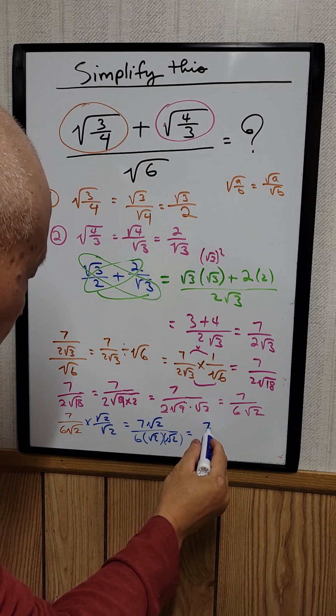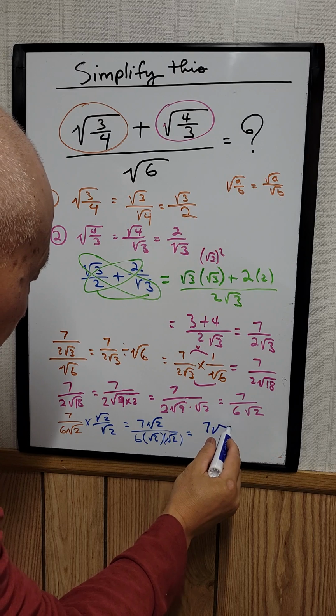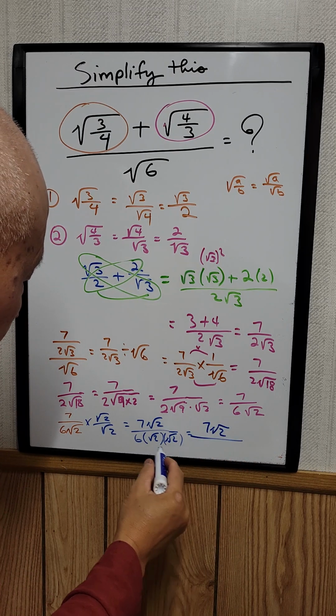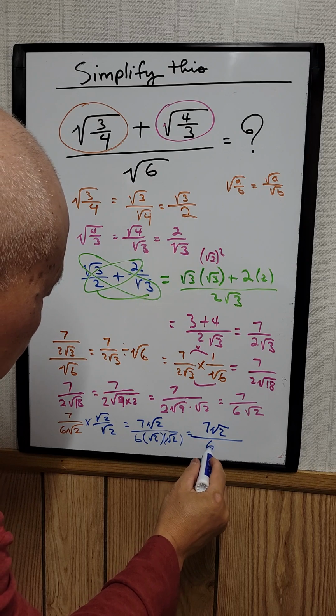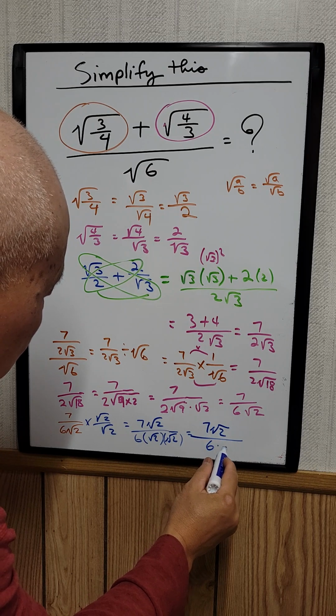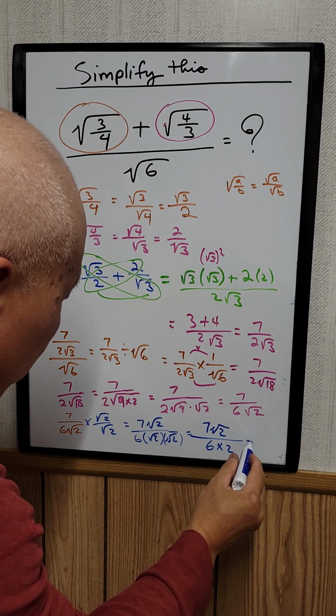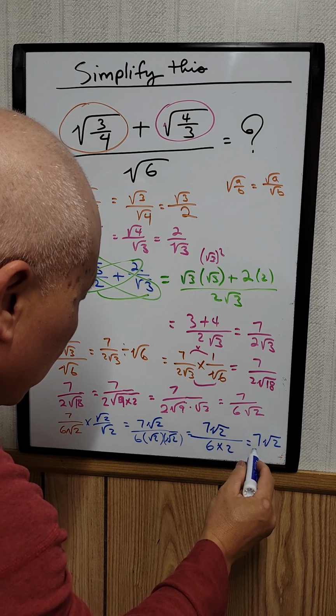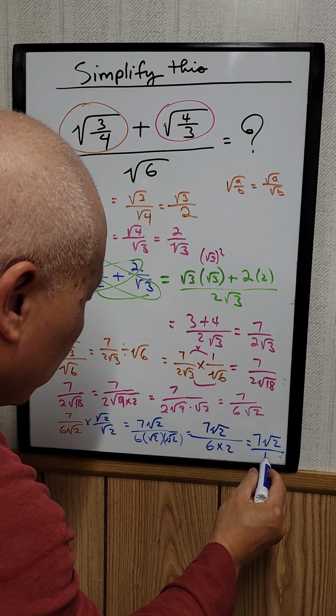All you have left is 7 times the square root of 2 divided by 6 times 2, which is equal to 7 times the square root of 2 divided by 12.